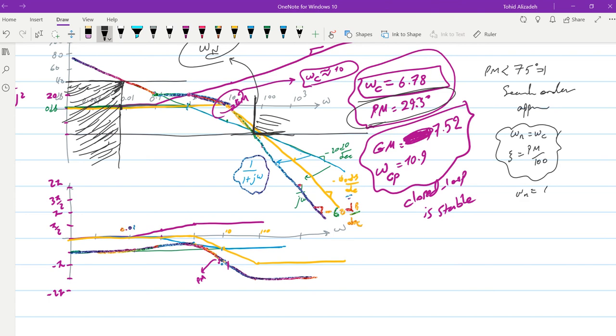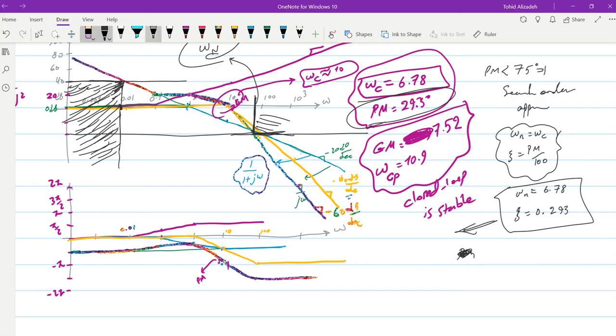So omega n will be equal to 6.78 and zeta will be equal to 0.293. Having these values, now we can calculate the value for the overshoot, for MP, not PM, and also the settling time.